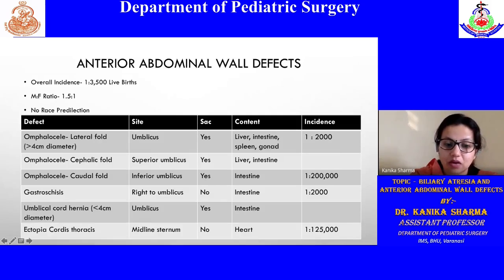Then umbilical cord hernia is also a very rare presentation, but is a documented part. Ectopia cordis thoracis is also one of the types of anterior abdominal wall defect. The overall incidence is 1 in 3,500 live births across the globe, and the male to female ratio is 1.5 to 1.